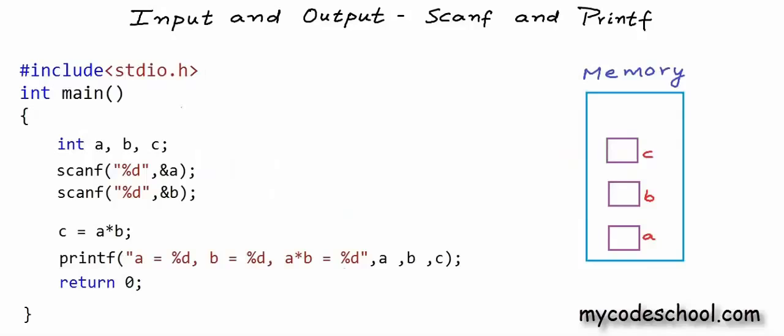So as we can see, scanf can be used to read input from the program's command line or console. Corresponding to each %d in the string constant passed to scanf, we must have another argument that should be a variable of type integer preceded by an ampersand, and the value read for this %d will be filled in this variable.